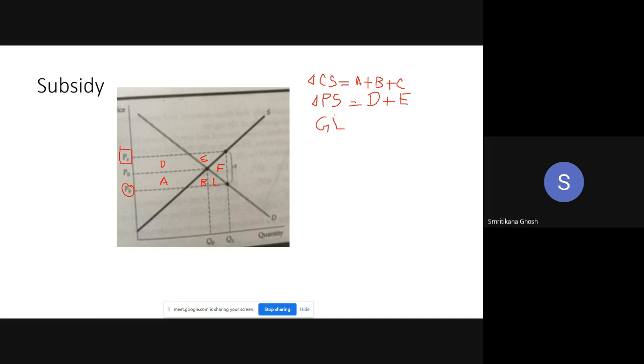So the government expenditure is A plus B plus C plus D plus E plus F.